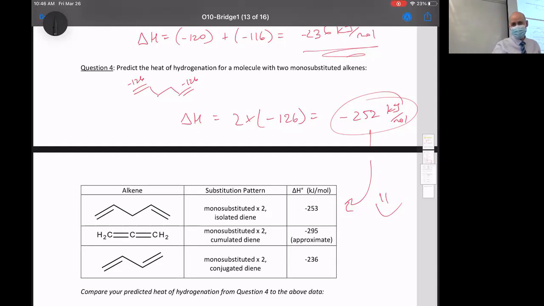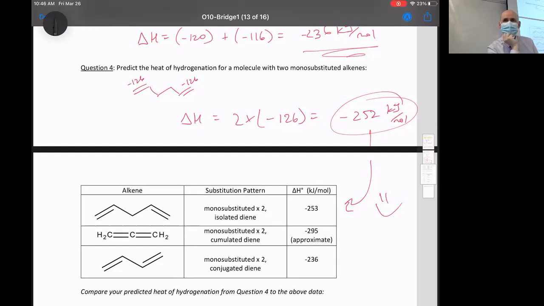This negative 295 compared to negative 253. Since it's more negative, it's more reactive and it's less stable compared to the isolated one, because the more negative it is, the more reactive.